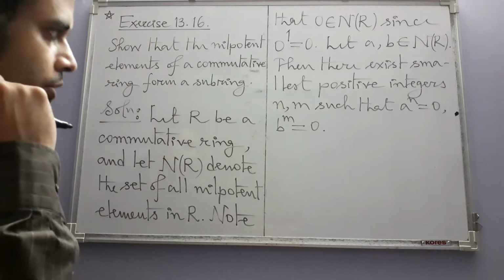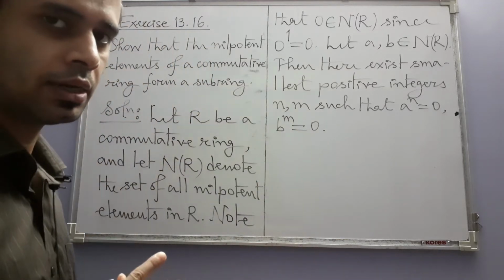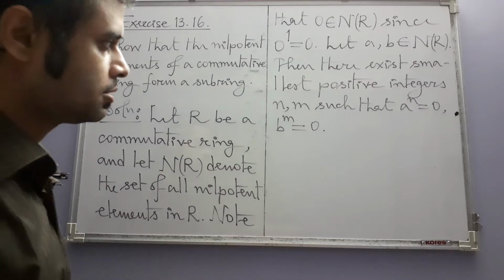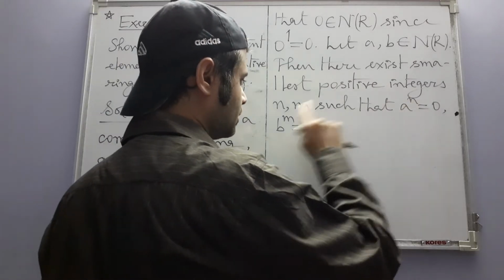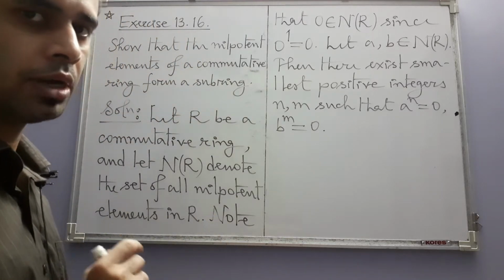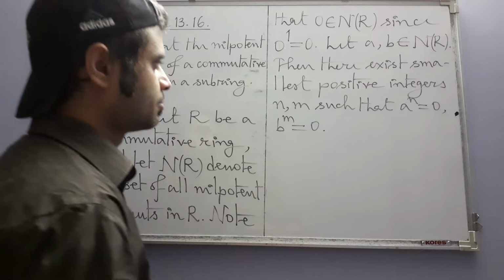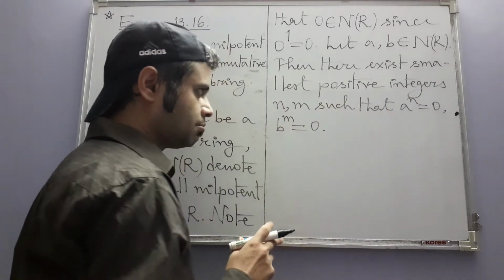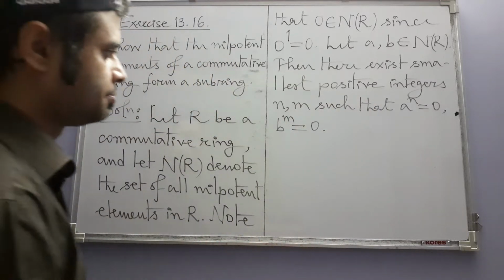Of course, some positive integral powers of A and B are equal to 0. So that means there exist some smallest values of these exponents also for which this thing will happen by the well ordering principle. And the smallest nature of n and m will actually be used.